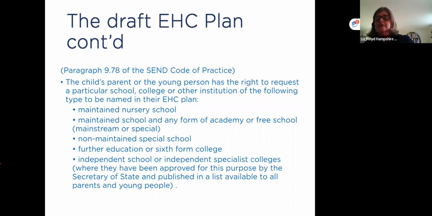They might say, if you agree to take your child into school, then we will name your choice on the plan, because we think there's a nearer suitable school that could take your child, but you've chosen the one slightly further away. In that case, you might forego your transport. Does that make sense?